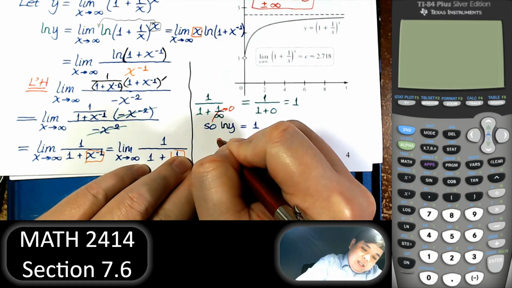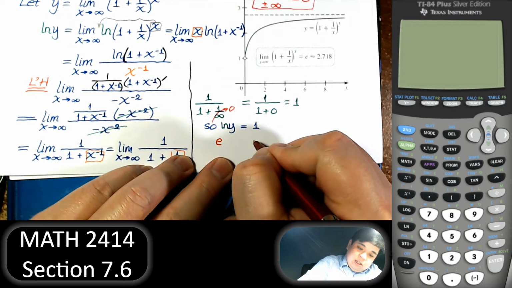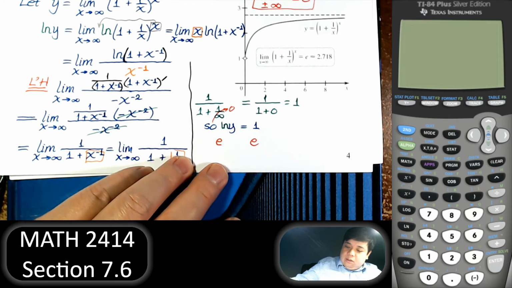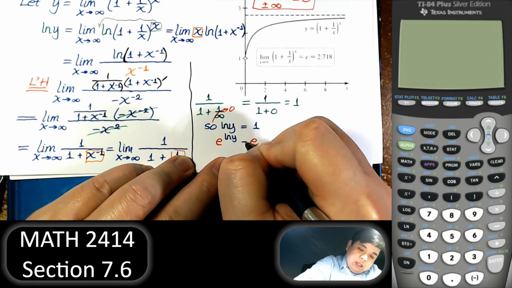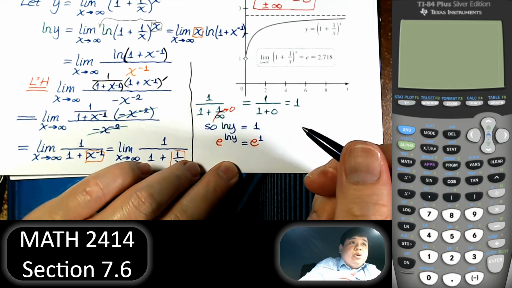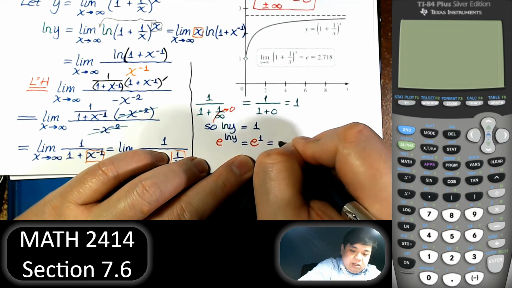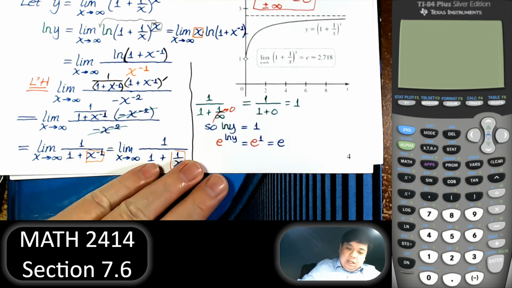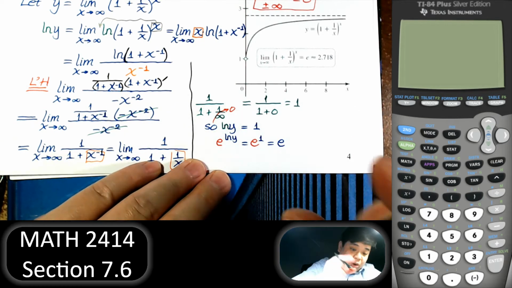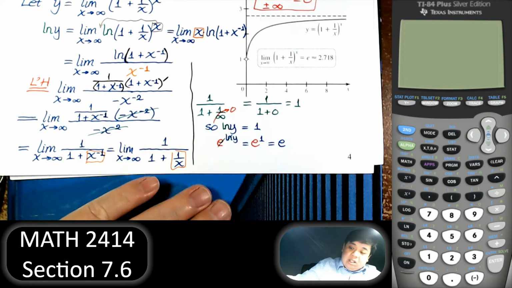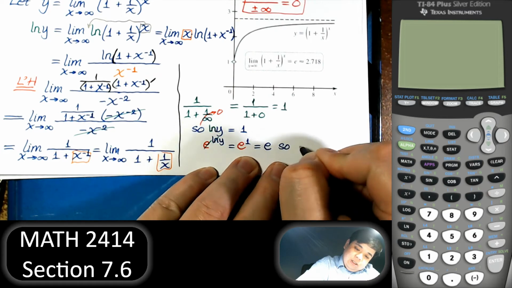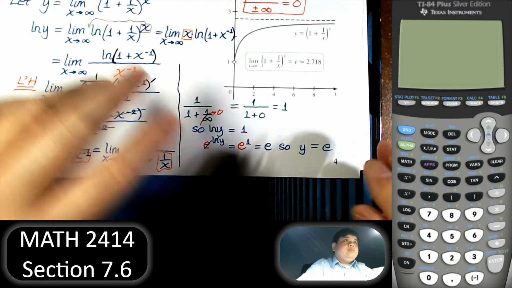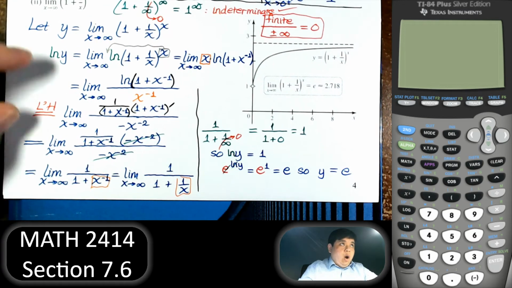So we have e to the ln of y equal to e to the first power, which is itself, so just e. The ln and the e cancel out, so we just have y equal to e. And y is the limit.